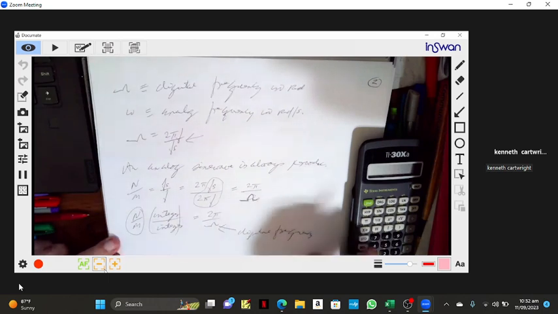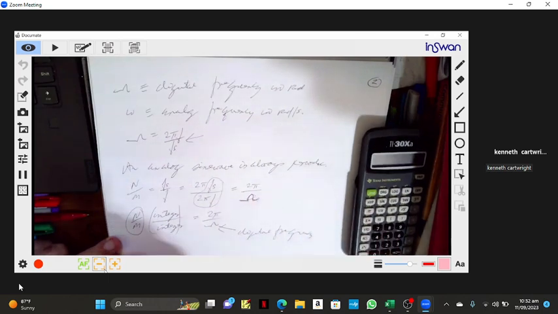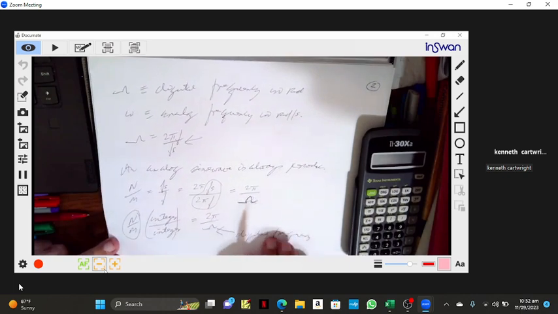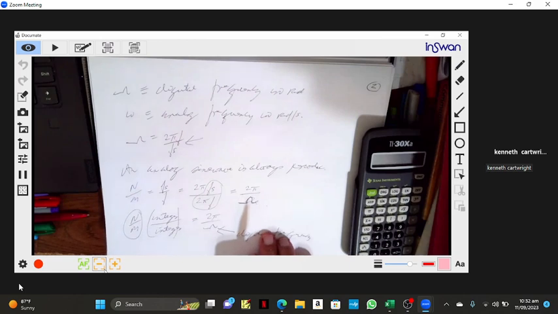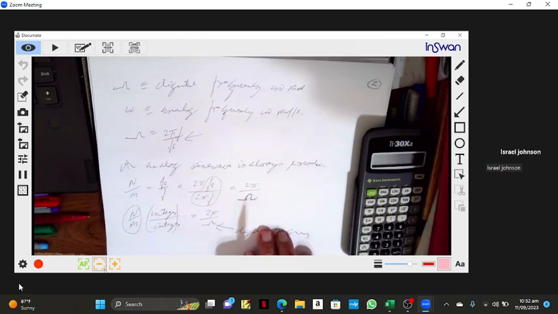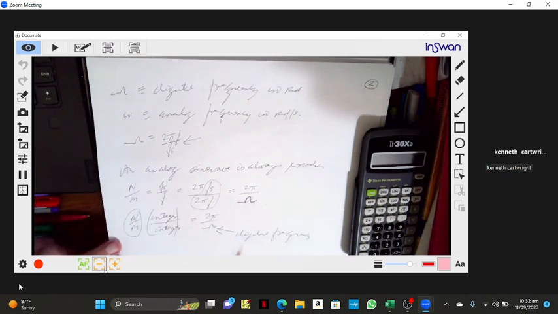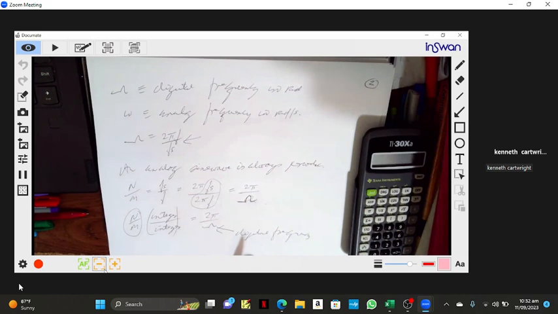Let's do an example. Same example. I'm going to the next page.